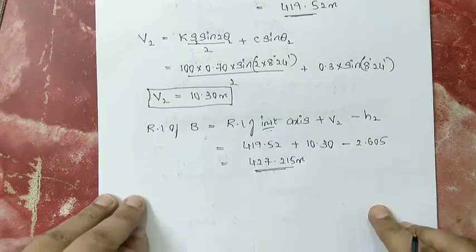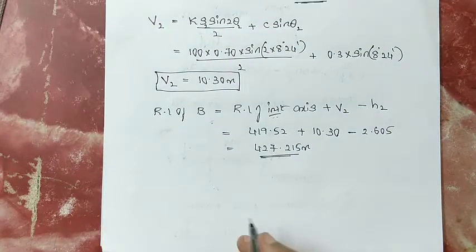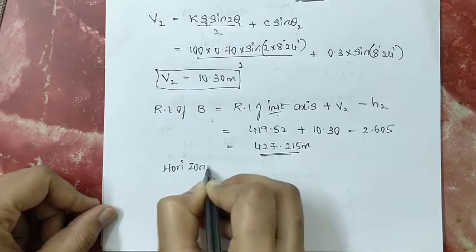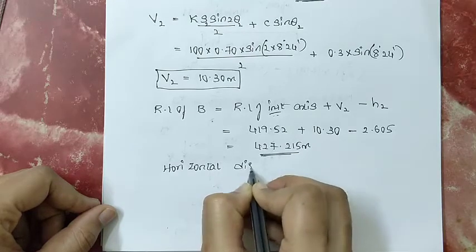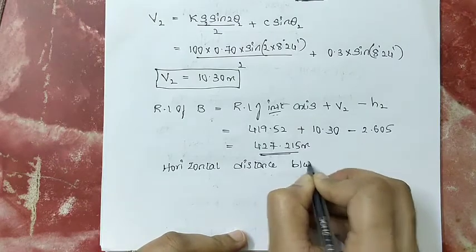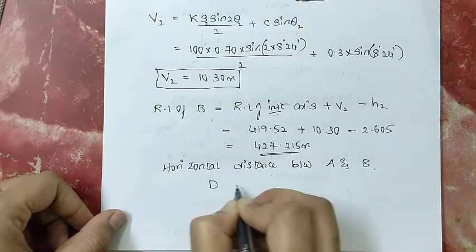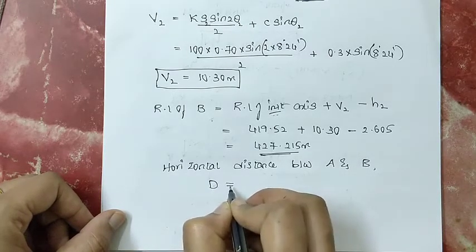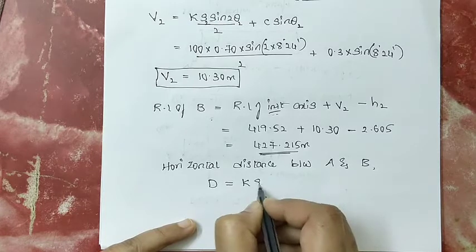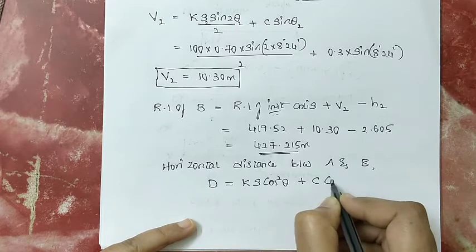Next, the last thing you need to calculate is the horizontal distance between A and B. When the line of sight is inclined, the horizontal distance from the instrument station to the object is given by K S cos square theta plus C cos theta.